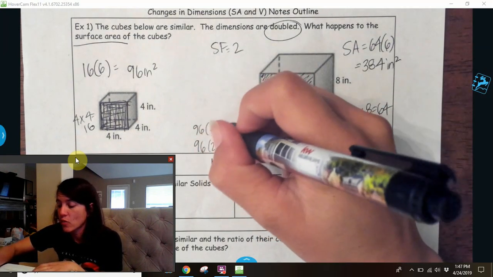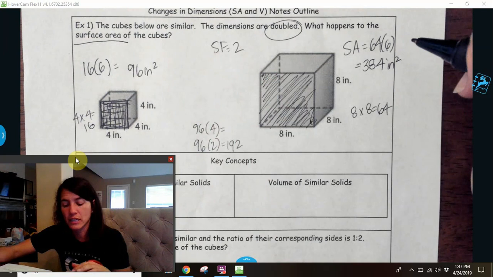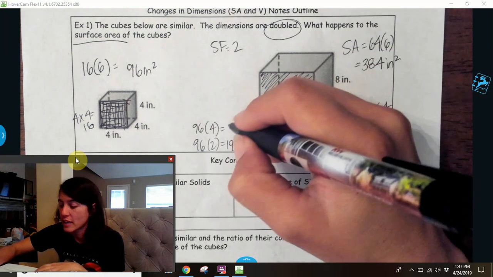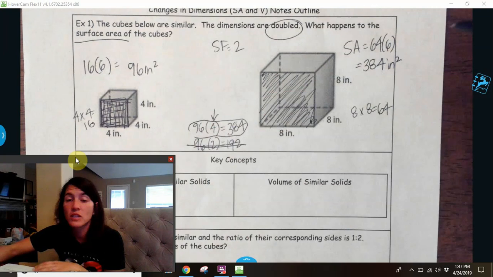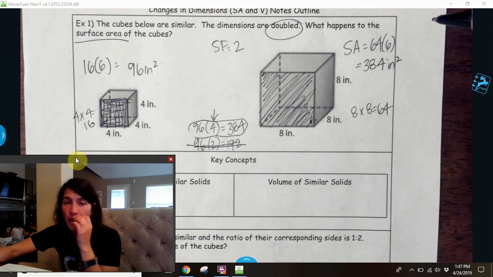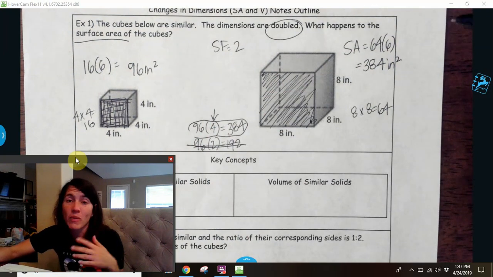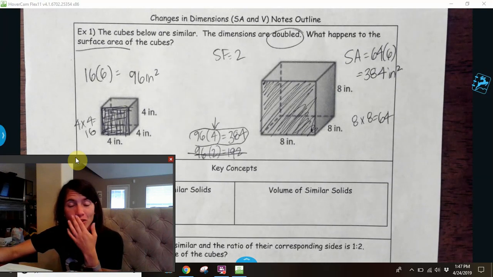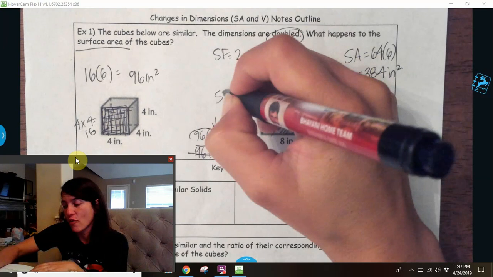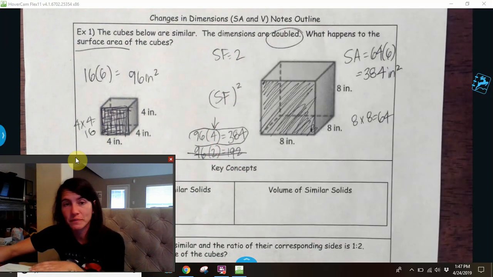It quadrupled. 96 times 4 is 384. So it was 4 times bigger. If you remember when we did perimeter and area, what happens when you're trying to find the area of a shape and you have a scale factor? It's the scale factor squared.